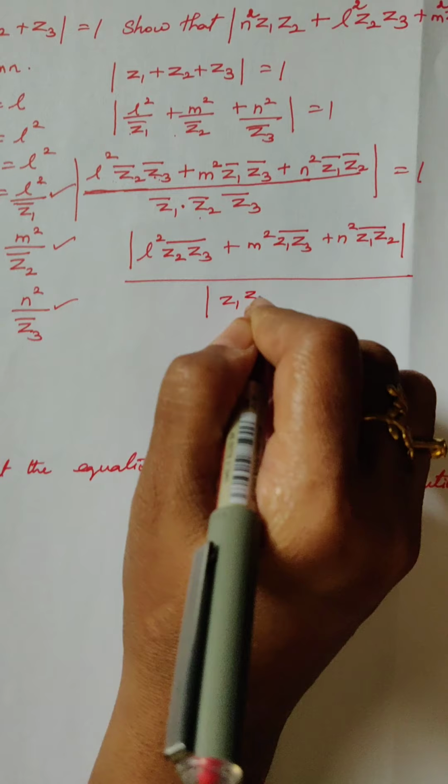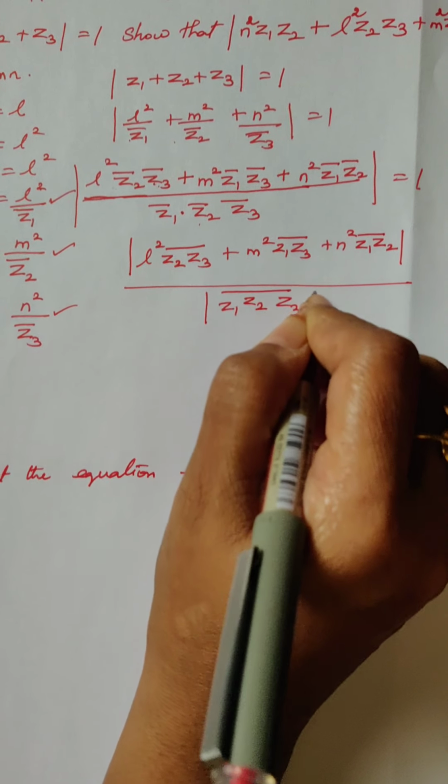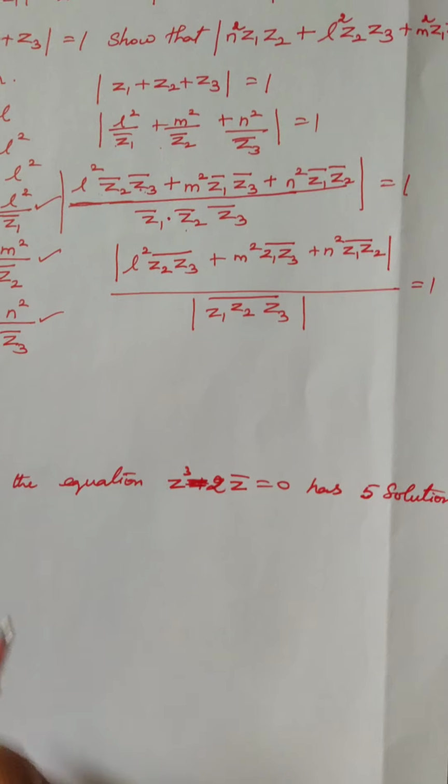Modulus of z1 z2 z3 the whole bar equal to 1. Is it clear now? Okay.